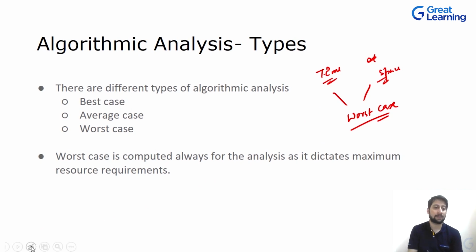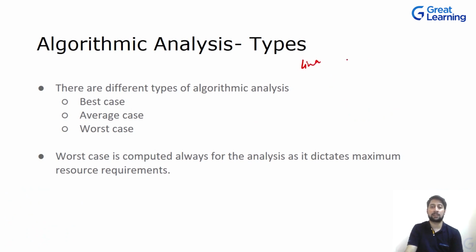Now let me give you an example of linear and binary search. The space complexity of both these algorithms is constant in the worst case.